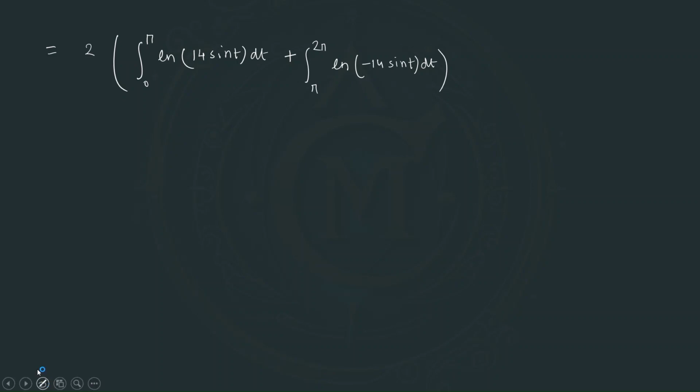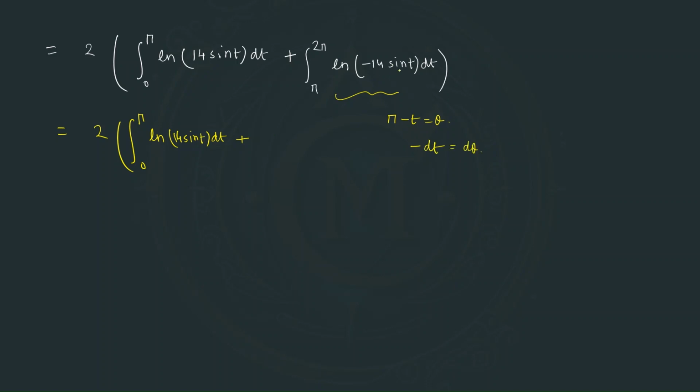So this we can write as 2 times, inside the bracket integral 0 to pi log of 14 sine of t dt plus, now the second integral we can use a substitution, which is pi minus t equal to theta. So it will give us minus dt equal to d theta.